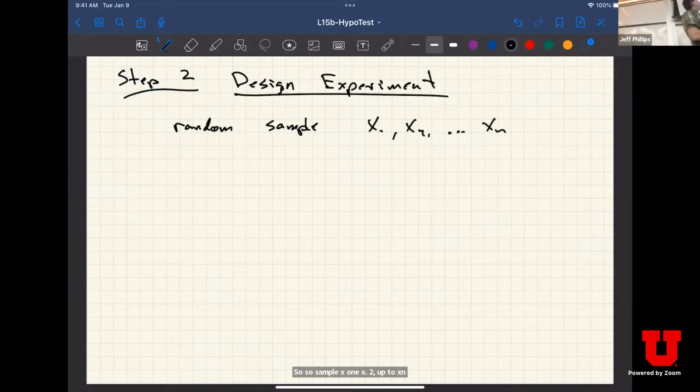So let's pause and think. If we go back to this example with the height in Utah, how would I collect a random sample? Is there a good way to get a random sample?